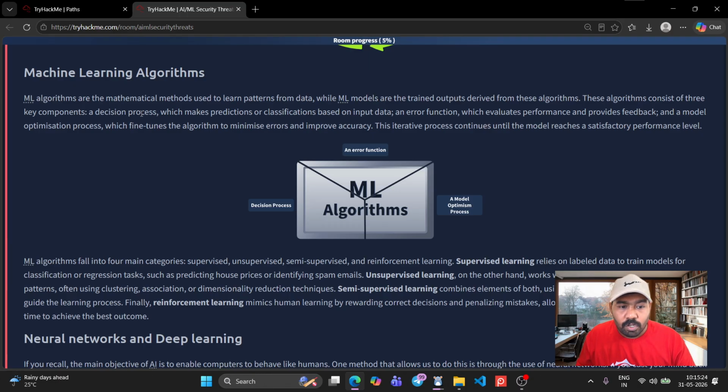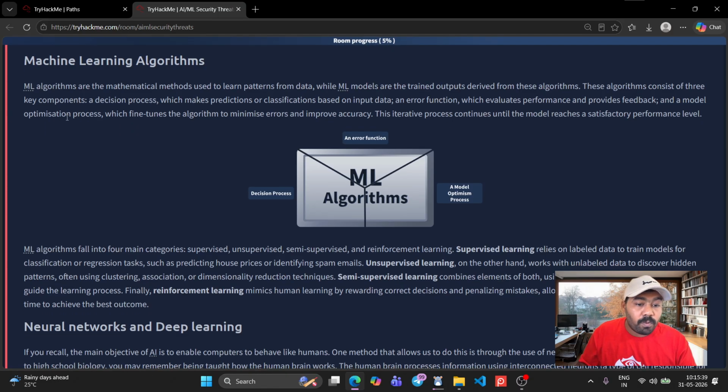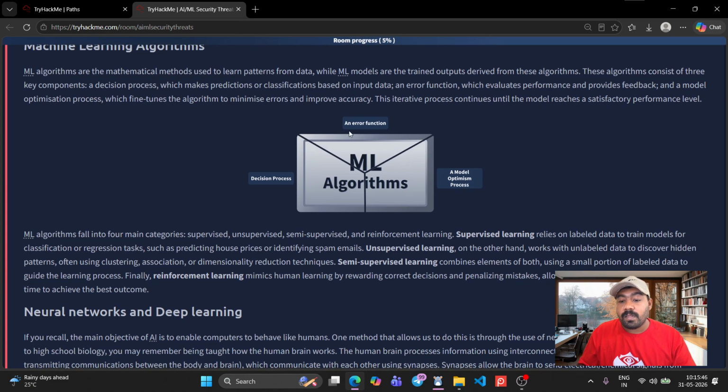This algorithm consists of three key components: a decision process, which makes a prediction or classification based on the input data; an error function, which evaluates performance and provides feedback; and a model optimization process, which fine-tunes the algorithm to minimize errors and improve accuracy. This iterative process continues until the model reaches a satisfactory performance level. It will iterate more and more to gain a good, satisfactory performance level.